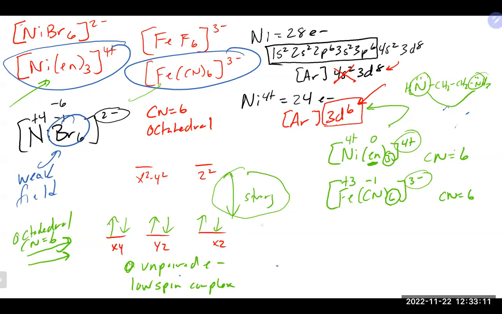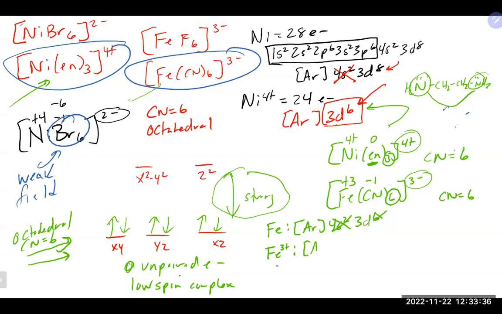Iron with no charge has an electron configuration of argon 4s2 3d6. In this particular case, with a +3 charge, we will get rid of those 4s electrons, and we will also get rid of one of the 3d electrons.